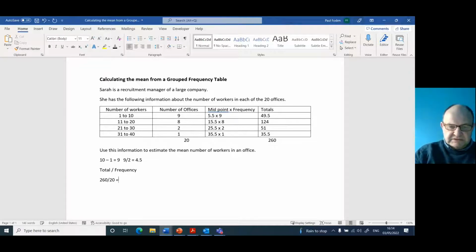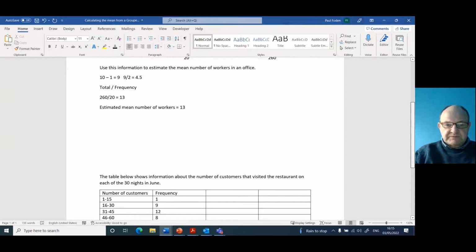That's our frequency, which equals 13. So our estimated mean number of workers in an office equals 13. So that's one example of estimating the mean from a grouped frequency table.